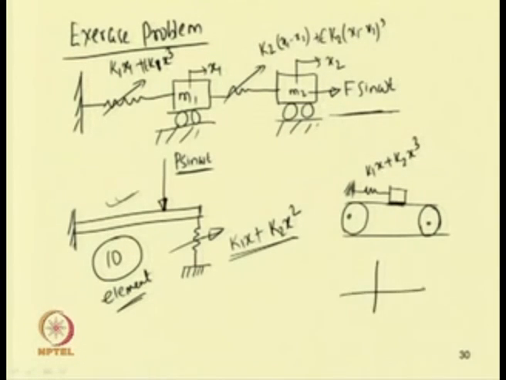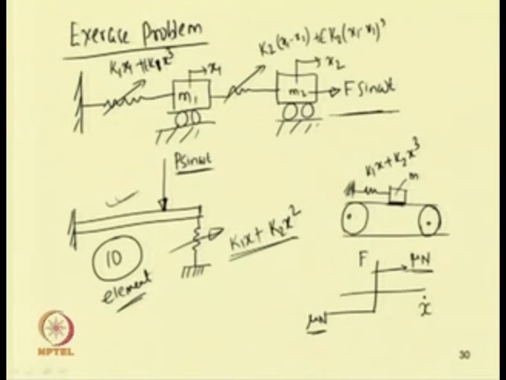In case of Coulomb damping, it depends on the velocity. If one plots x dot versus f, this will be plus mu n and this is minus mu n, where n is the normal force, with the mass being m.